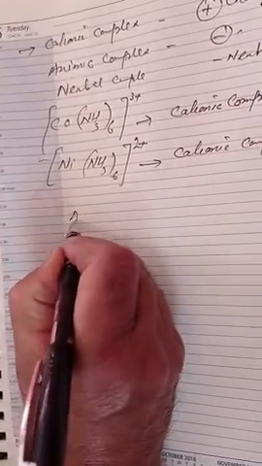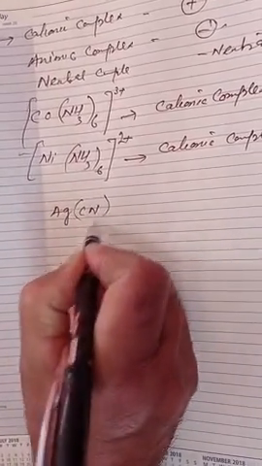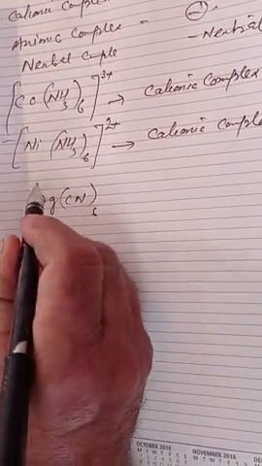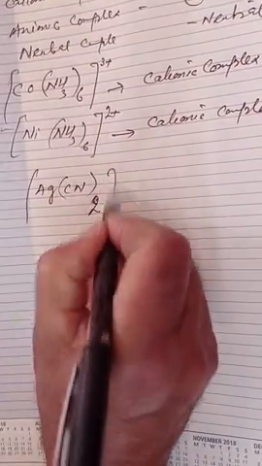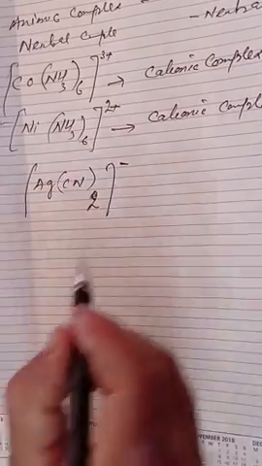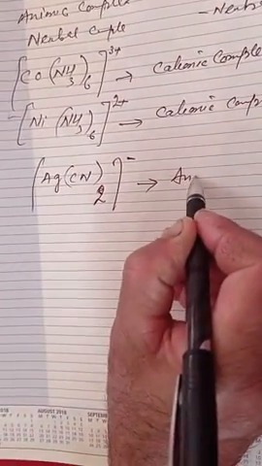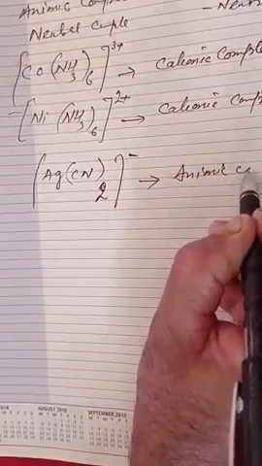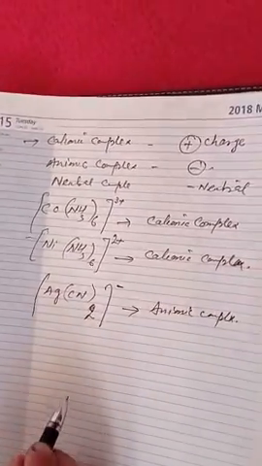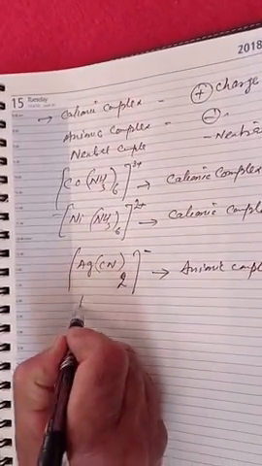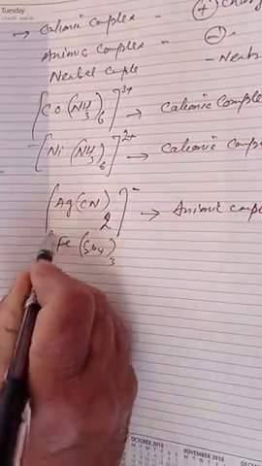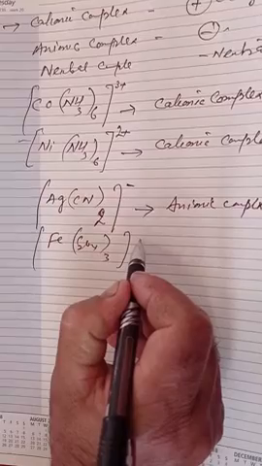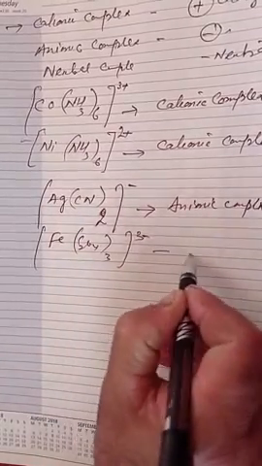Similarly, if we take another example, [Ag(CN)2]-, there is a negative charge on the coordination sphere, so it is an anionic complex. Similarly, if we take [Fe(C2O4)3]3-, it is trinegative, so this is an anionic complex.